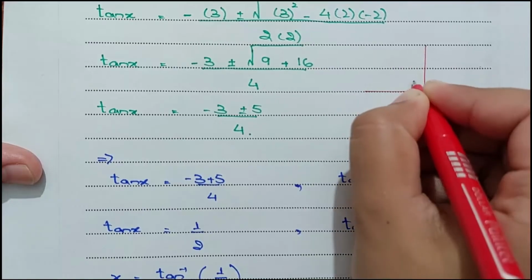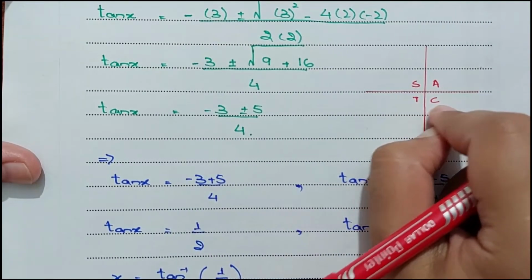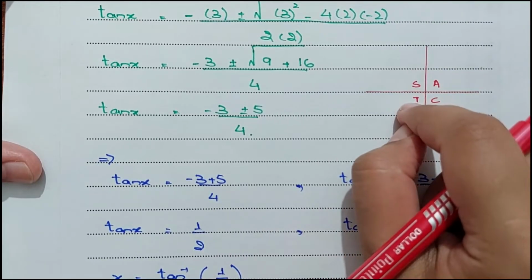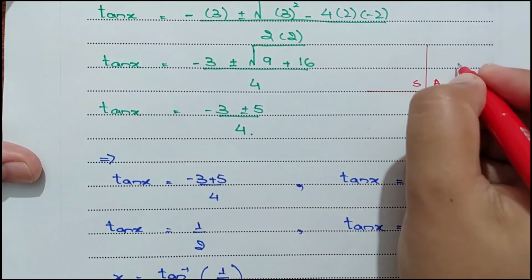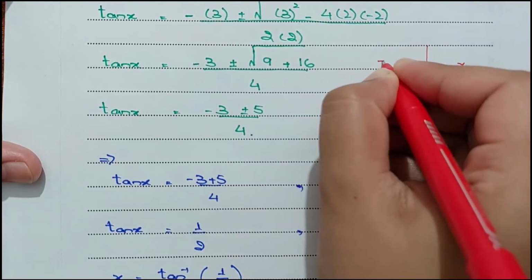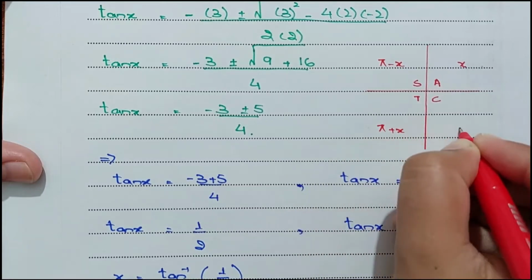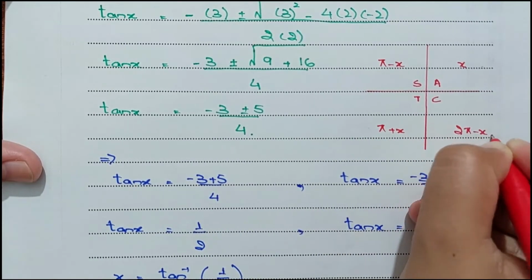CAST, the cast rule I'm using. C means cos positive, all positive, sine, and tangent is positive. And this rule is we have to take x here, pi minus x here, pi plus x here, and 2 pi minus x here.